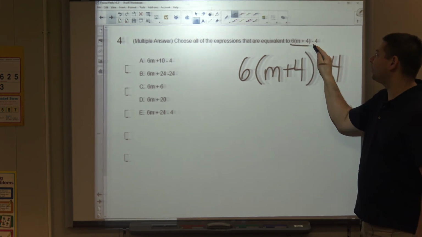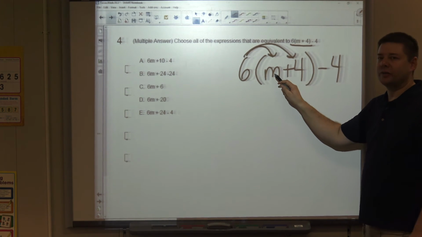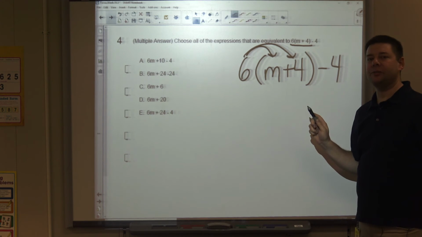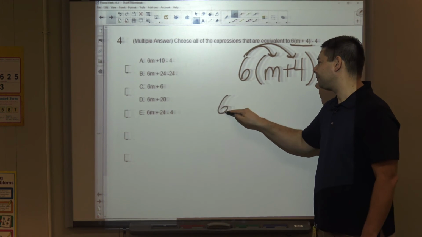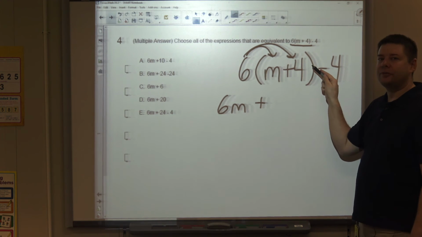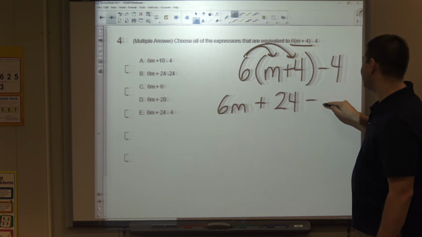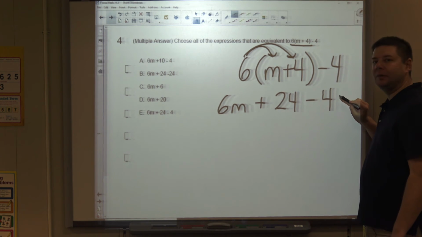I'm going to use the distributive property. So I can distribute my 6 over to my m and to my 4 by multiplying. 6 times m is 6m. Keep the plus sign in the middle. 6 times 4, that would be 24. And then I'll bring down this minus 4.